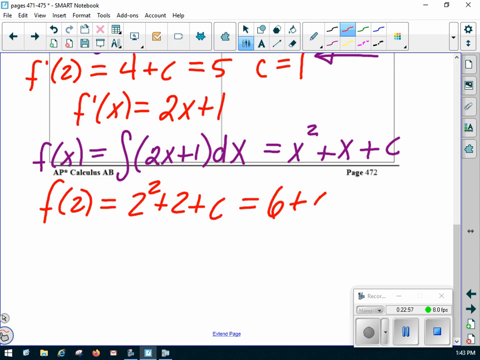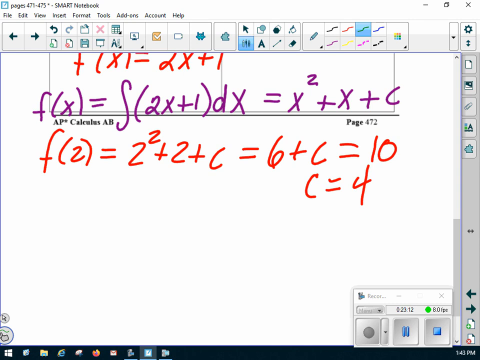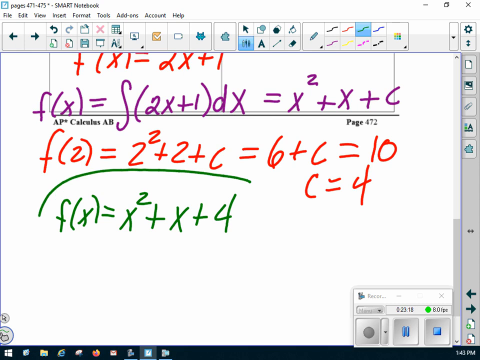What's that, 6 plus c? But what does that have to be? Yeah, well, 10. So c is 4. So what is f of x? F of x is x squared plus x plus 4. And that's how you work backwards. Good.